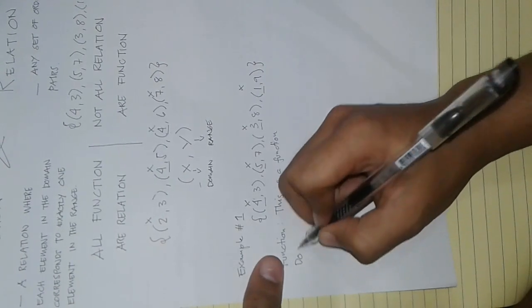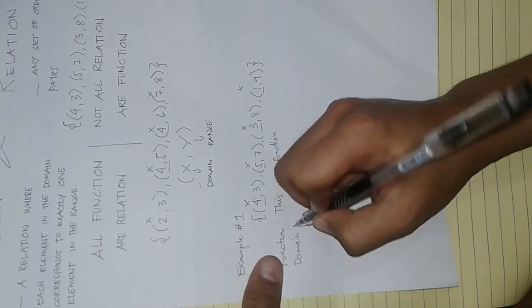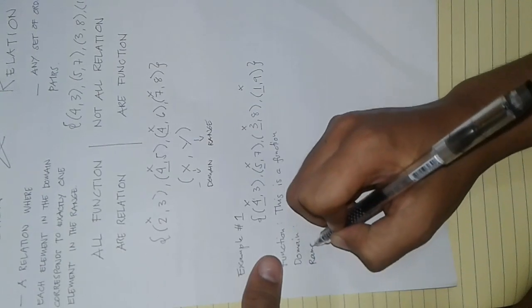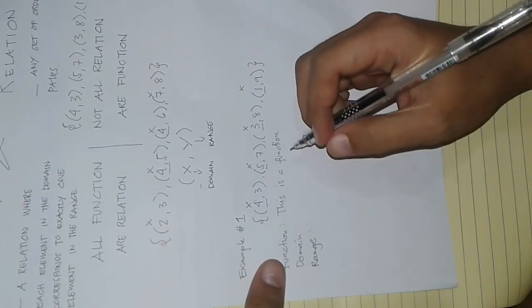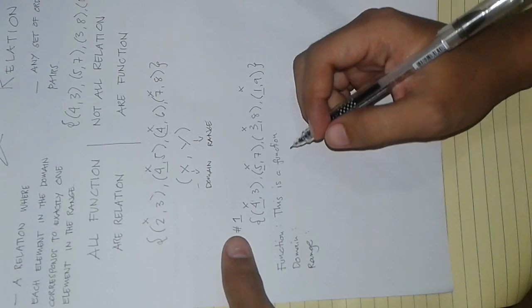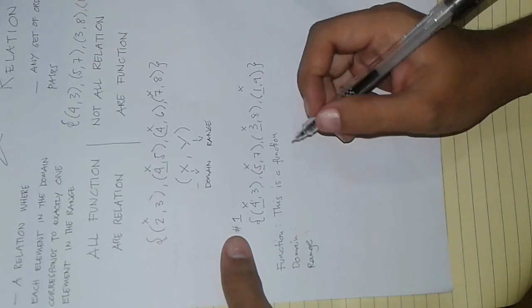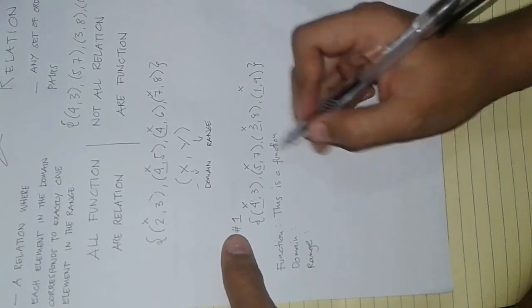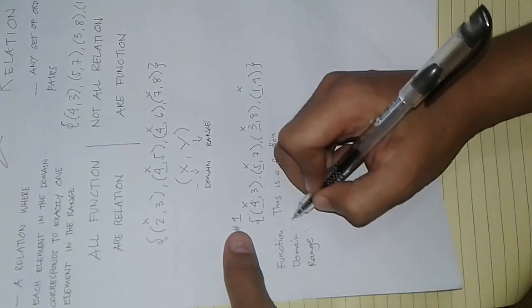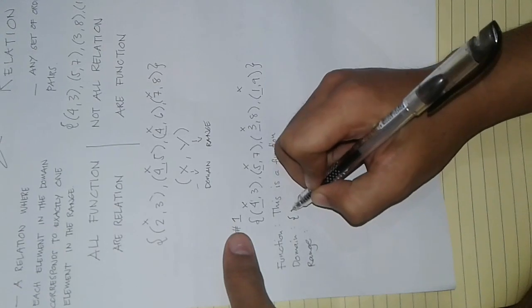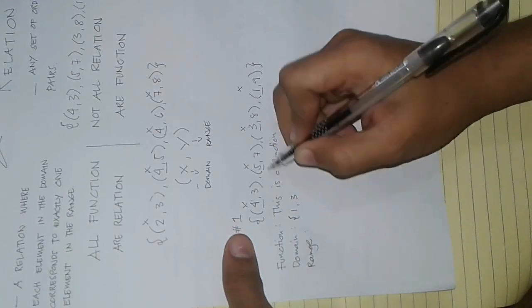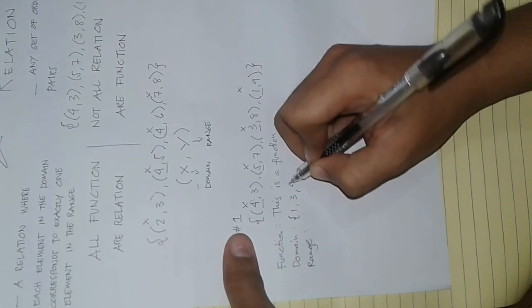We write down now our domain and range. Now we list down the domain in order. So our domain is 1, 3, 4, and 5.